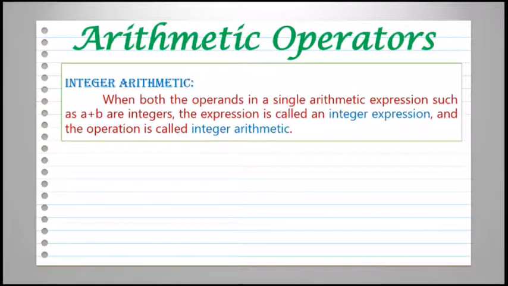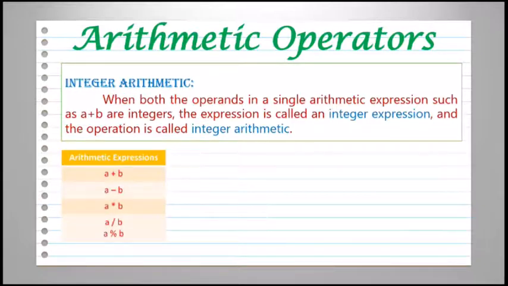Integer arithmetic always gives an integer value. Suppose A plus B, A minus B, A into B, A divided by B, A mod B. These are integer expressions.